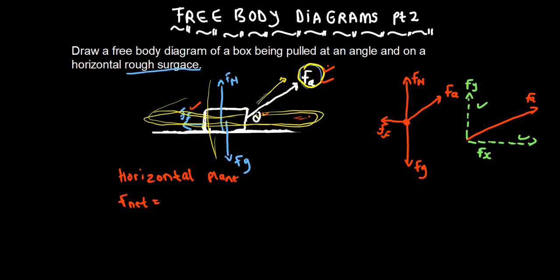Let me erase some part so that you can see clearly. I want to represent these forces here. This is our horizontal component, which is the Fx, and then our vertical component will be going up like this.